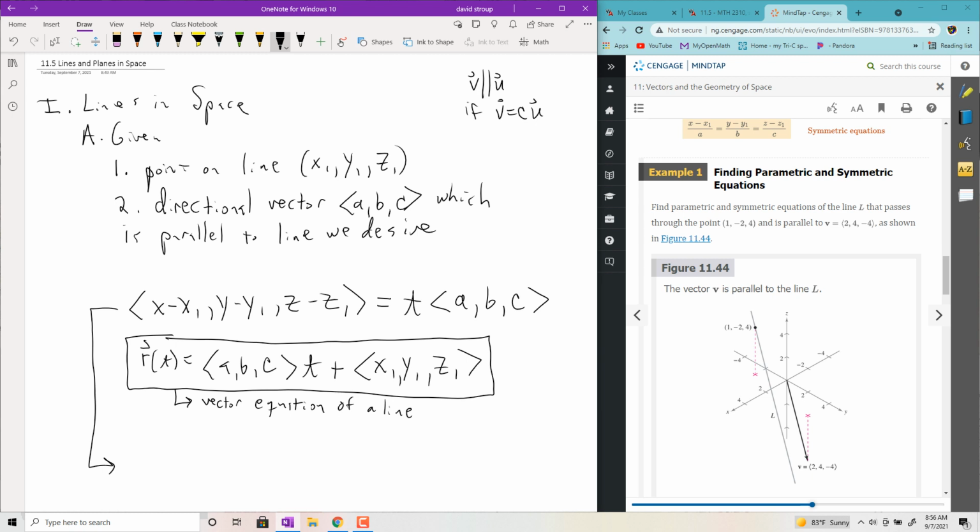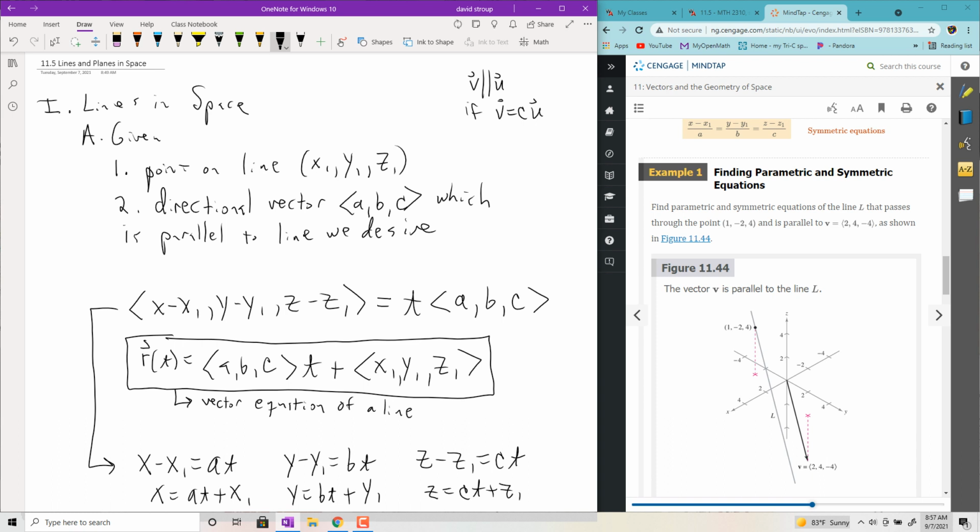So distributing this constant on the right-hand side, you would end up with x minus x1 equals at, which gives you x equals at plus x1. Then you get y minus y1 equals bt, so y equals bt plus y1, and then z minus z1 equals ct, so z equals ct plus z1.